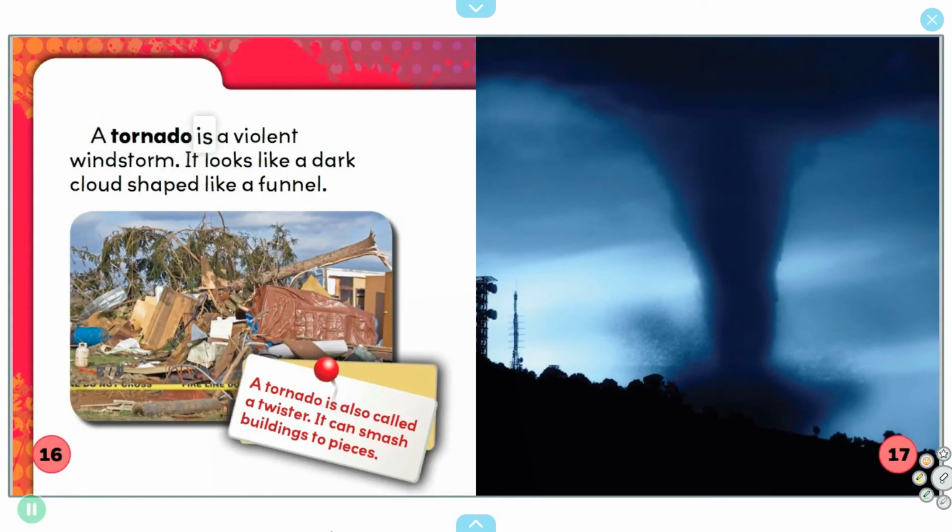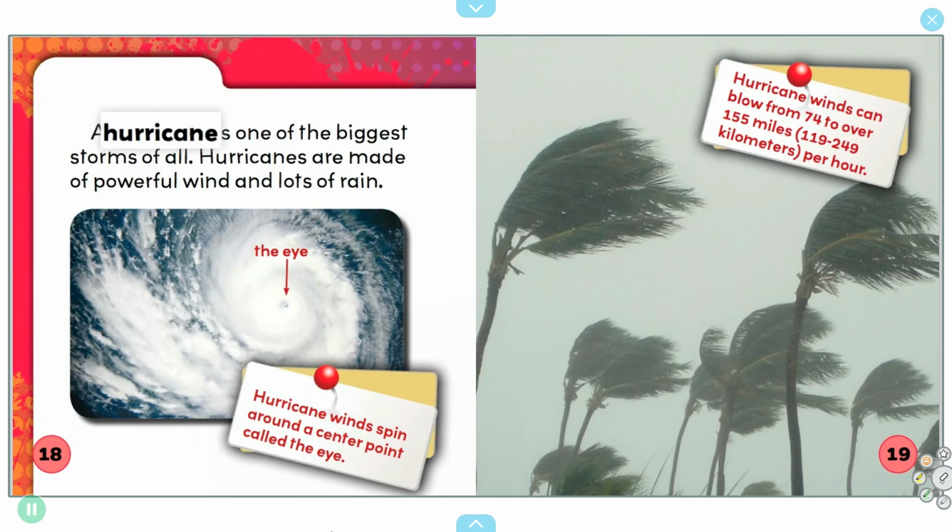A tornado is a violent windstorm. It looks like a dark cloud shaped like a funnel. A tornado is also called a twister. It can smash buildings to pieces. A hurricane is one of the biggest storms of all. Hurricanes are made of powerful wind and lots of rain. The eye.